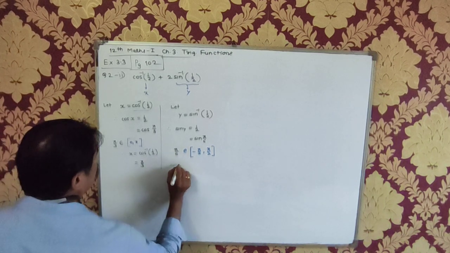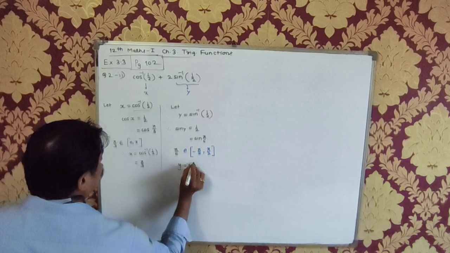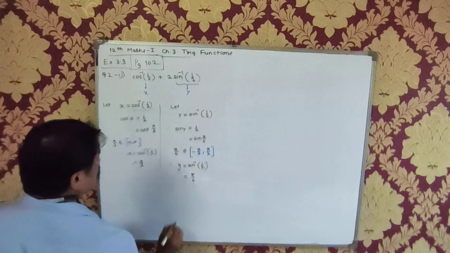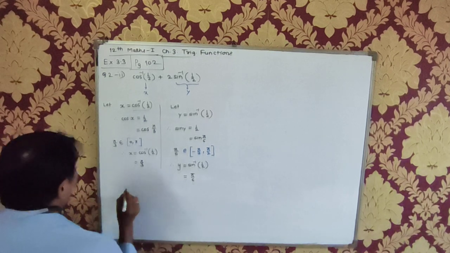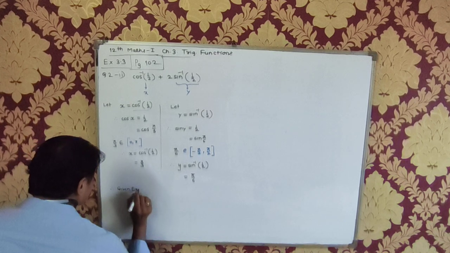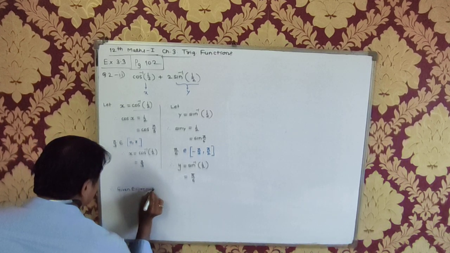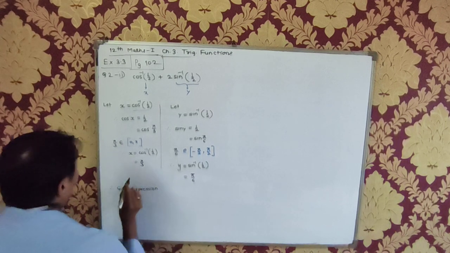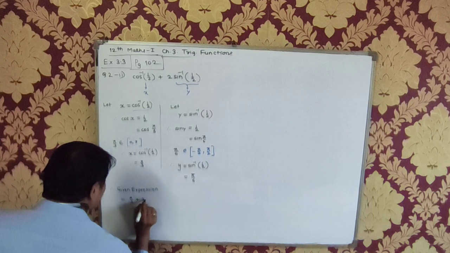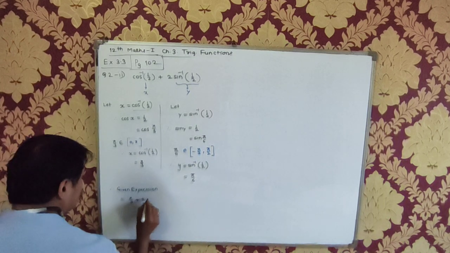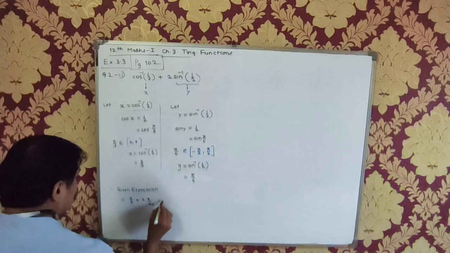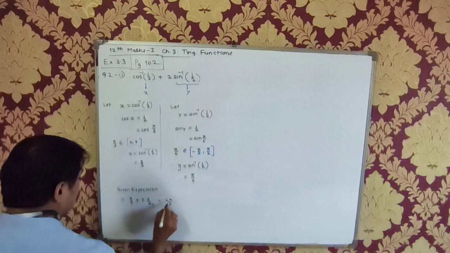Therefore, y is equal to sine inverse of half, and that is equal to pi by 6. Correct? And therefore, what is the given expression? Therefore, given expression is equal to x, which is pi by 3, plus 2 times y, which is pi by 6. That is 2 threes are. So 2 pi by 3 is the answer.